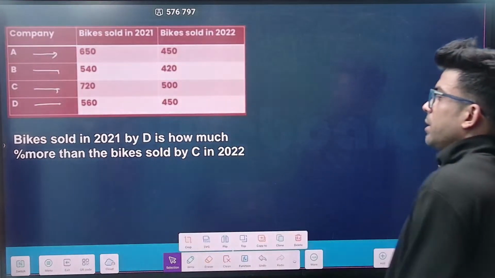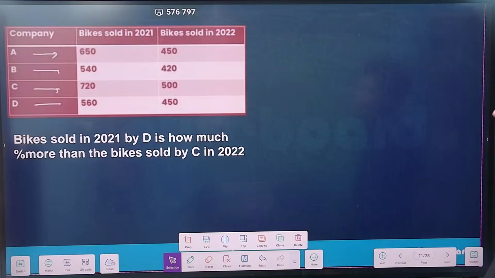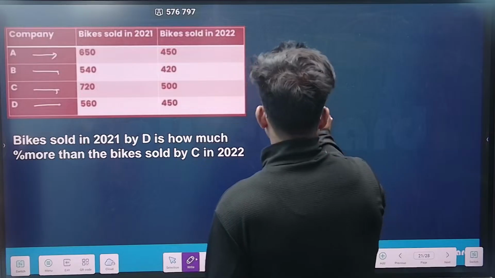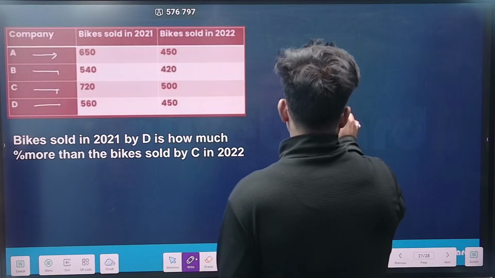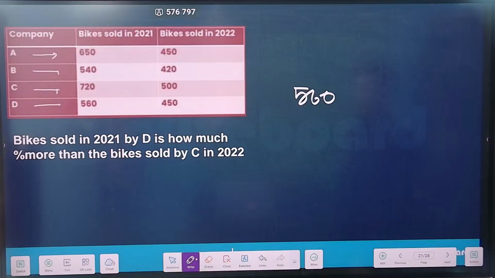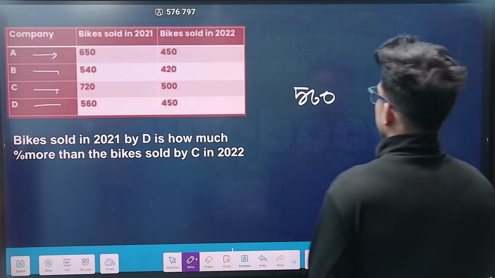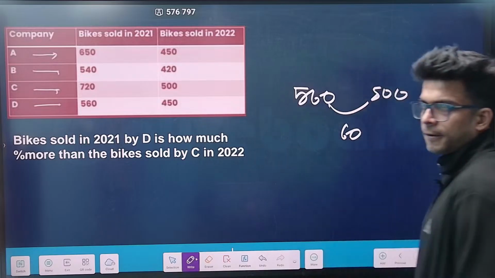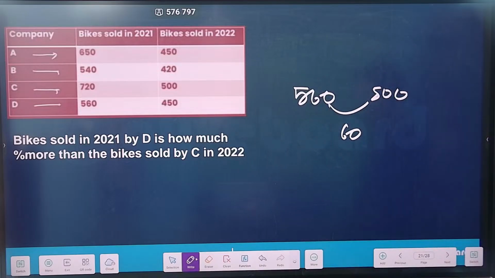Bikes sold in 2021 by D is 560. How much percent more than bikes sold by C in 2022? 500. That is 60 more. And they're talking about the percent.